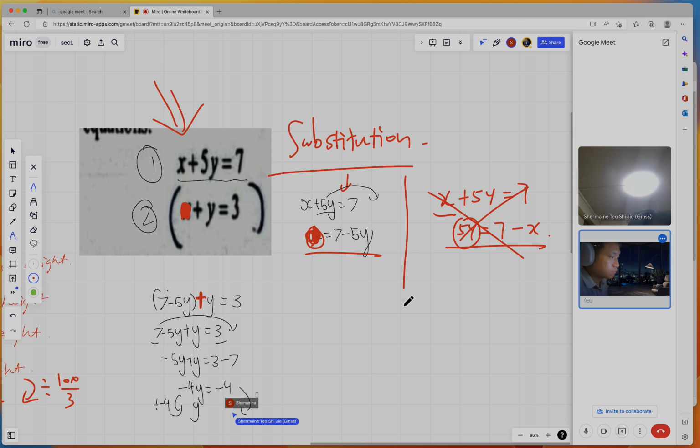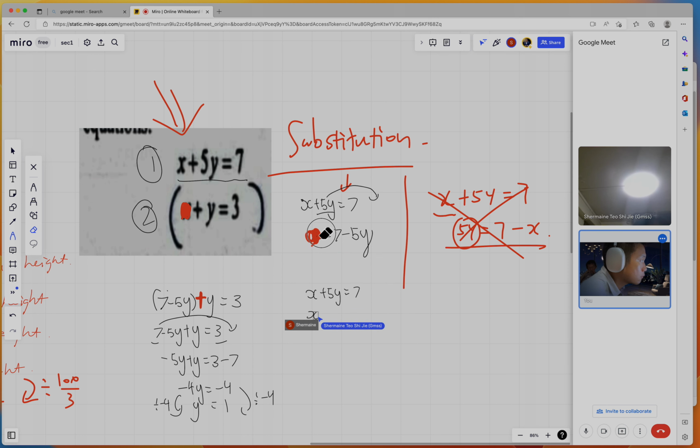Very good. So y equals 1, x is equal to x equal to 2.